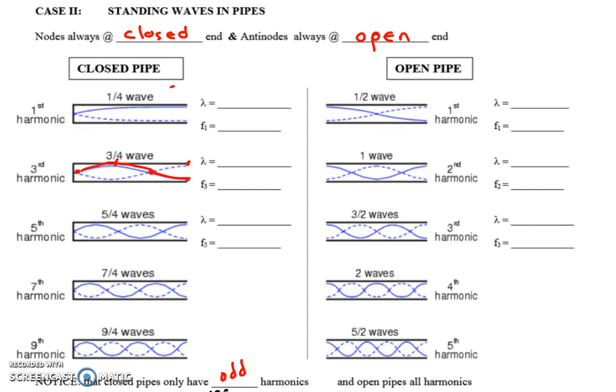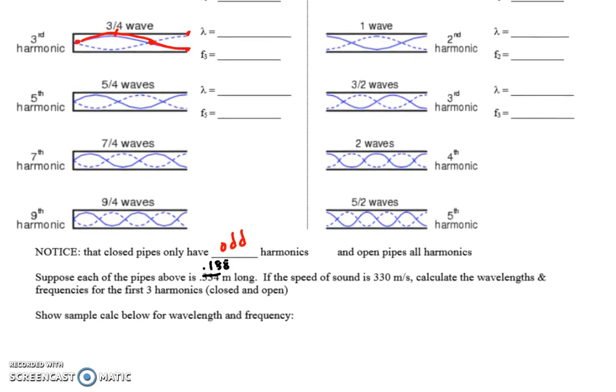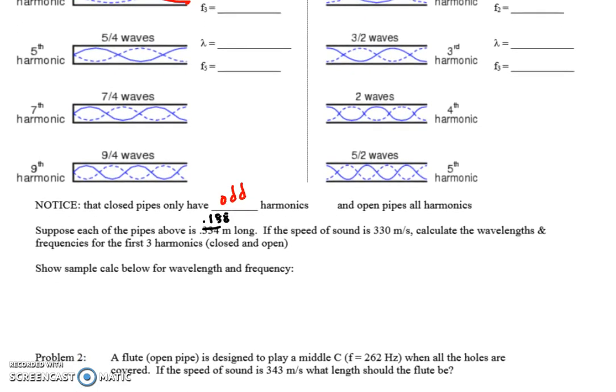In other words, the first harmonic is a half a wavelength, the second harmonic is a full wavelength, then 3 halves and 2 waves, which is the same as a fixed string. Okay, so you should be able to develop any one of those using the idea that the boundary conditions set how we start, and then you just keep adding nodes as you want to go to higher and higher harmonics.